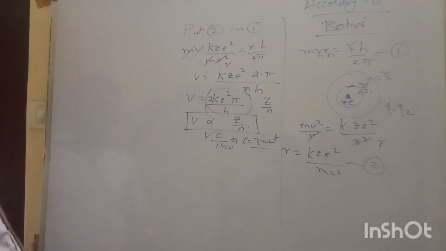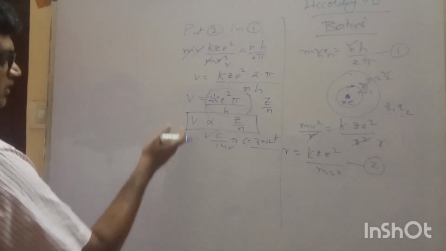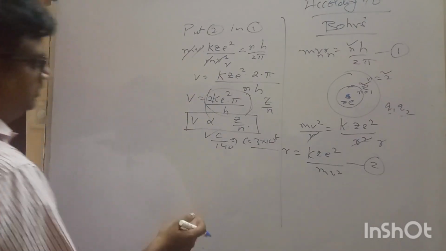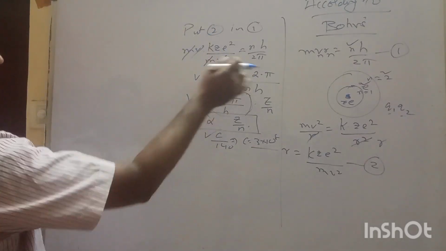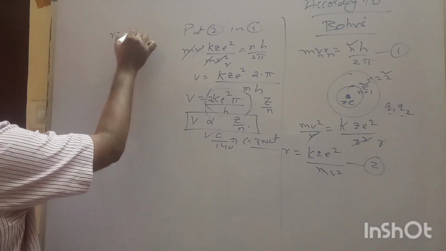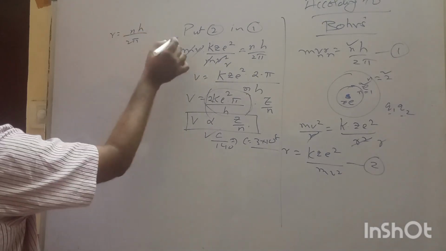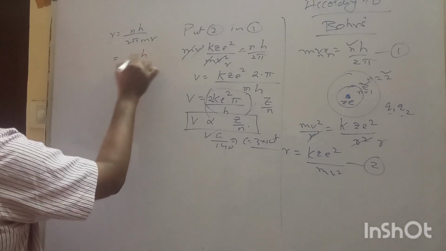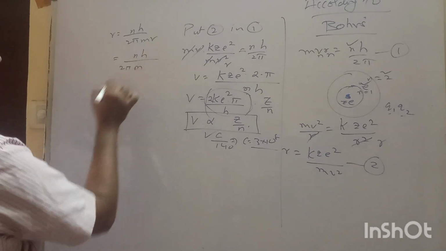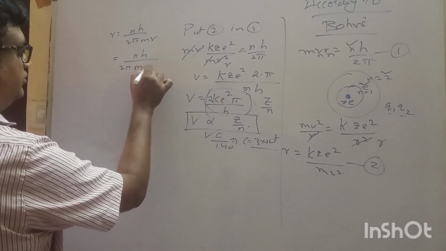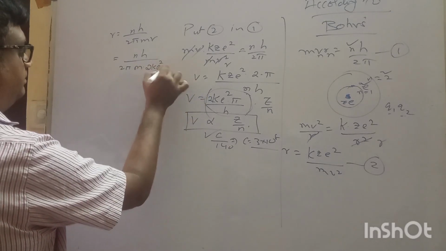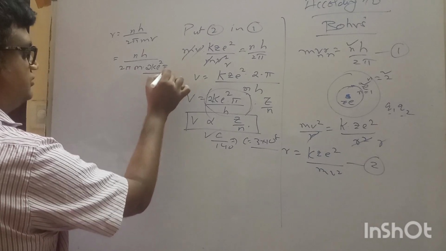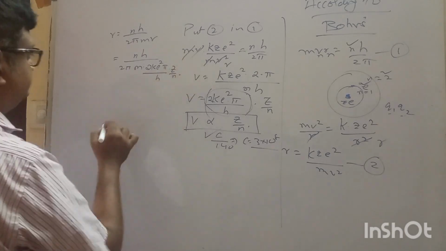Once we find the v value, we can find the r value. Because we got this equation for v, let us put it back into the r equation. So r will be equal to nh by 2 pi mv, so nh divided by 2 pi m into v. Here v is 2k e square pi divided by h into Z by n.